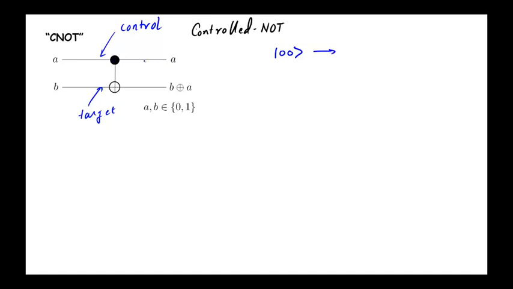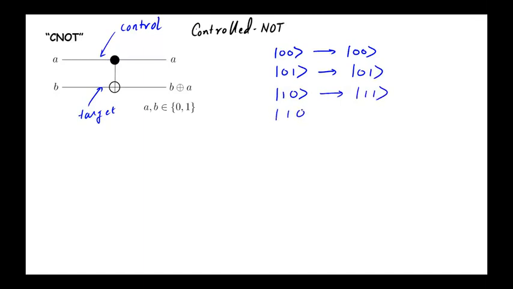The control bit is 0, so the target bit remains unchanged, so it gets mapped to 0,0. How about 0,1? The control bit is still 0, so the target bit is unchanged, so 0,1. How about 1,0? Now the control bit is 1, so the target bit flips, and it gets mapped to 1,1.